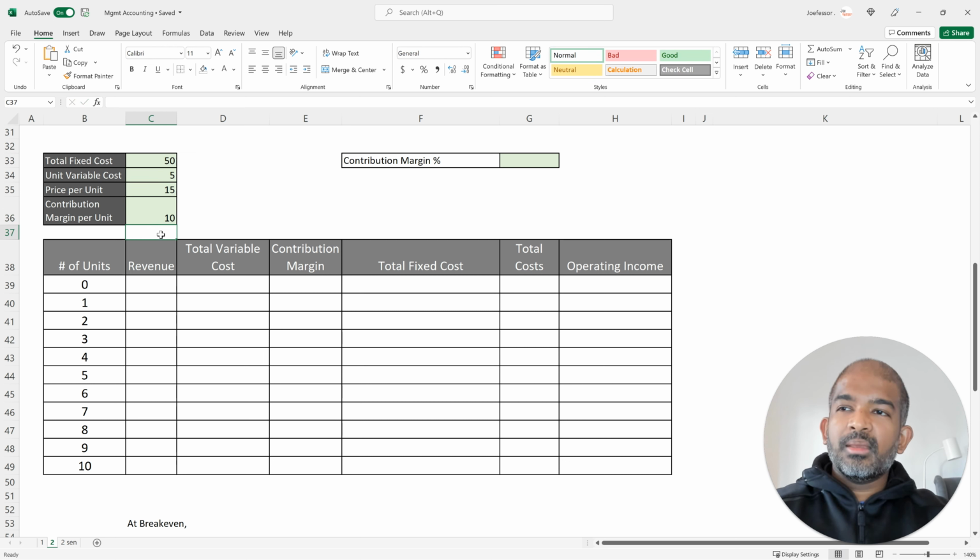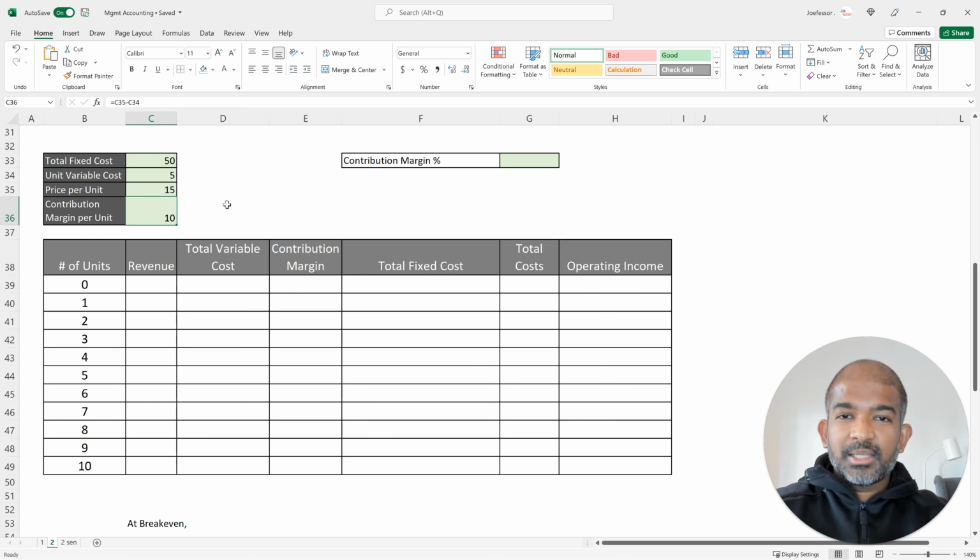So the contribution margin here is $10. What does this number 10 represent? For every unit you produce and sell, $10 is contributed towards recovering your fixed costs. As you can see, your fixed cost here is $50. So you might want to produce and sell several units to recover that $50.